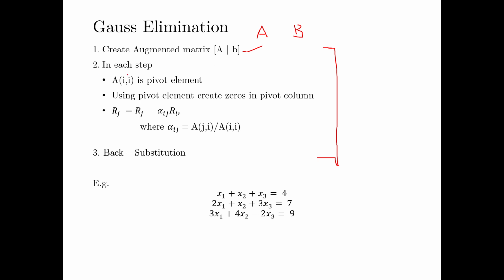Then for each step, we take the diagonal element as the pivot element, and we do these row operations for each row. Once we get an upper triangular matrix, with a structure like this, where these are all the non-zero elements and these are all the zero elements, we do back substitution to get the values of x, or the unknowns, right?